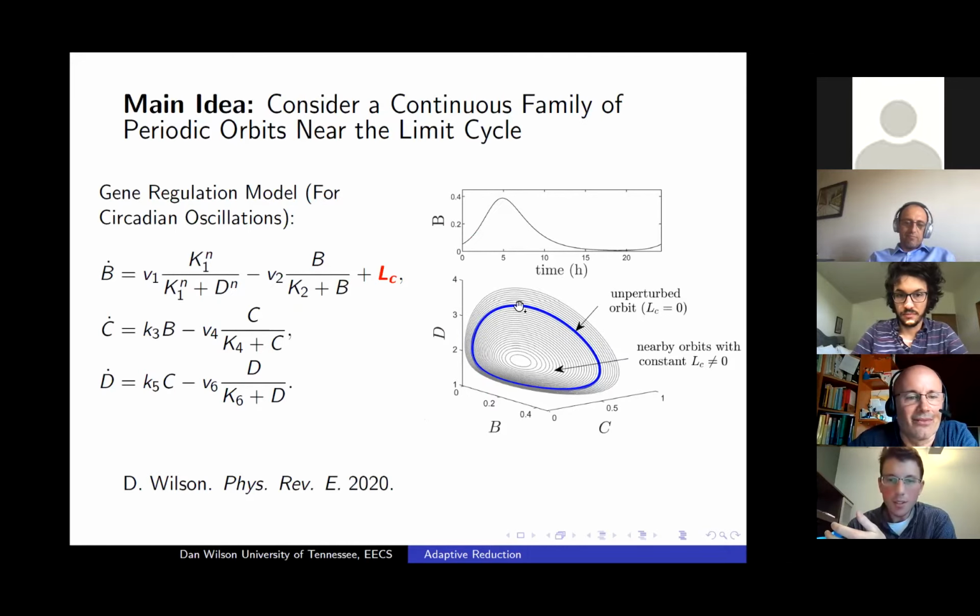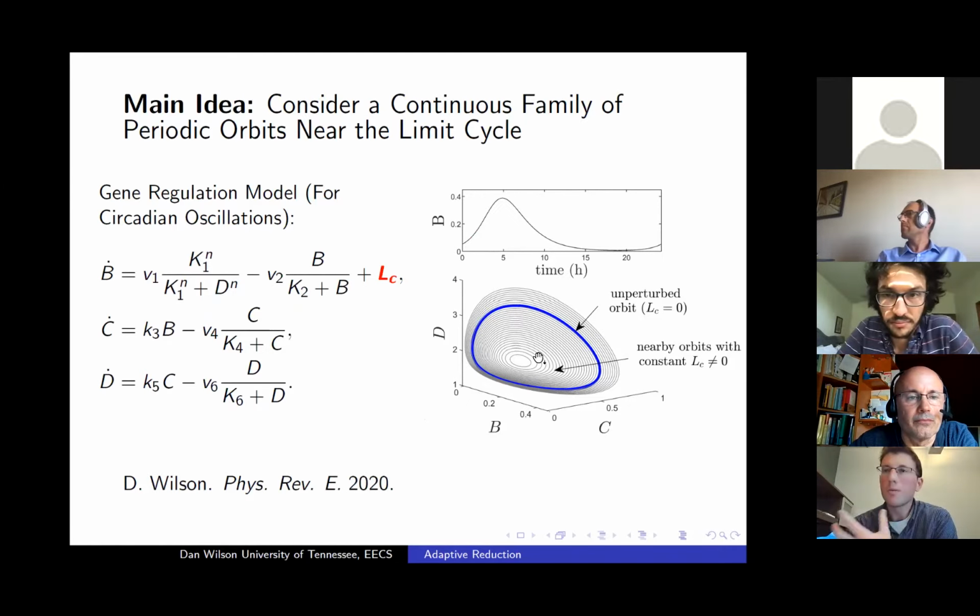So the idea is, here's your nominal periodic orbit. But you've got all of these other orbits that may exist in the state space. And suppose you give an input that shifts you in this direction. Now you're in this region over here. You're far from this orbit, but maybe you're close to this orbit down here.